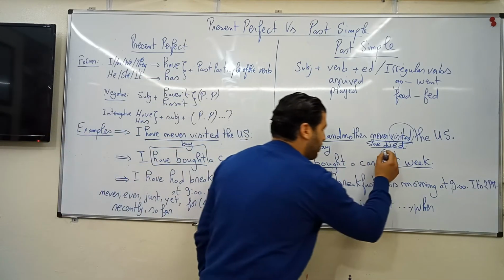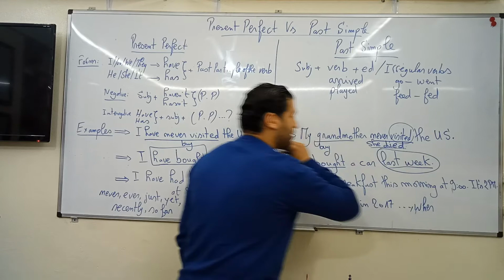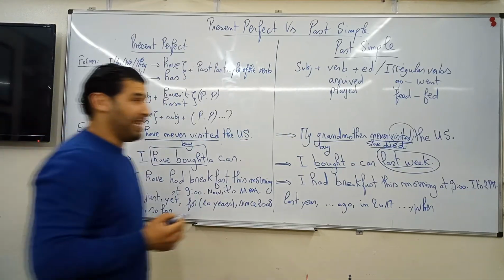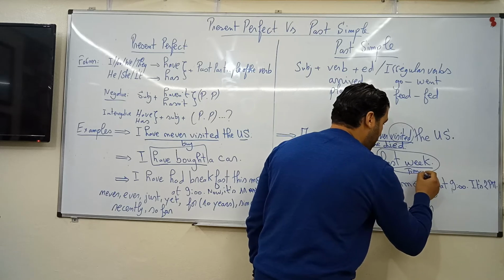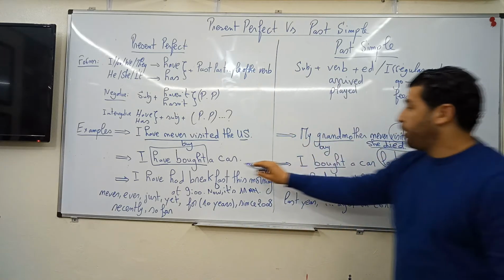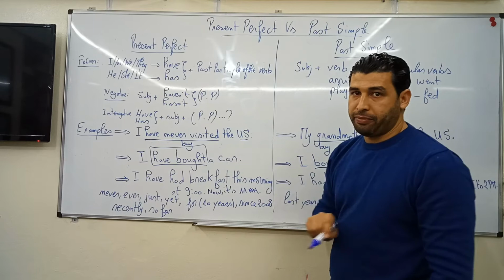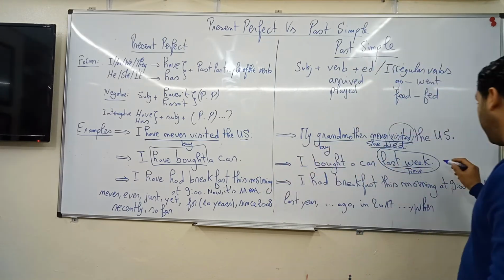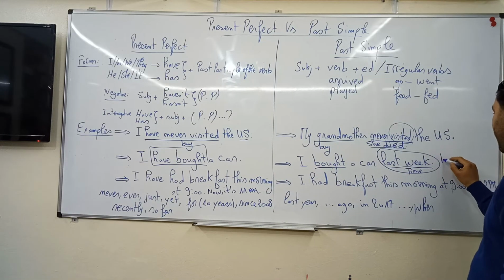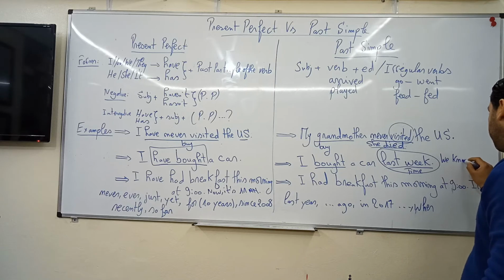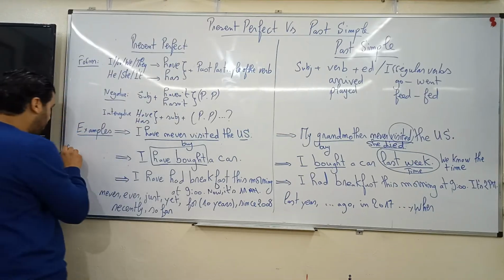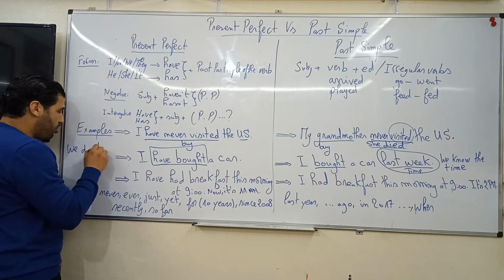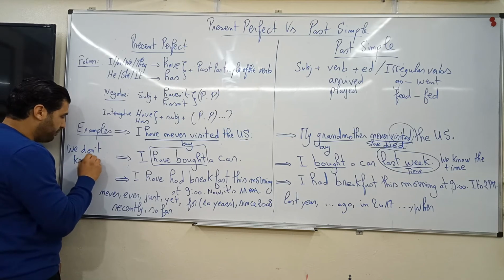Good. So we notice here we have one difference: last week. That's time, right? And here there is no time. Time is not mentioned. So here we know the time, but here we don't know the time.